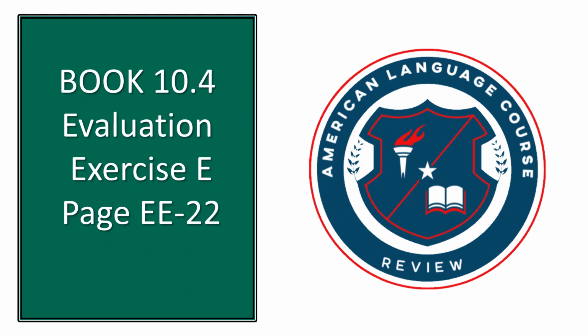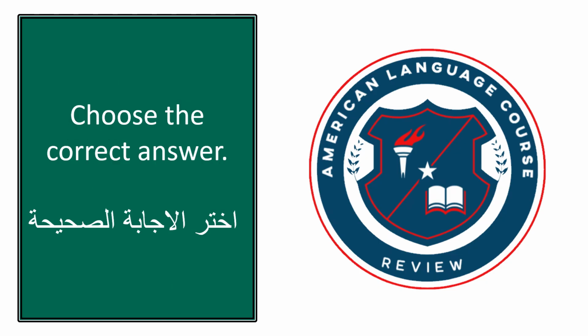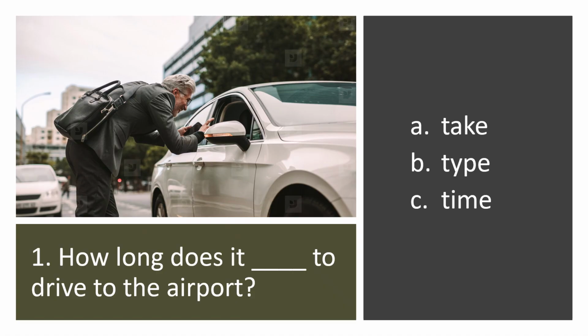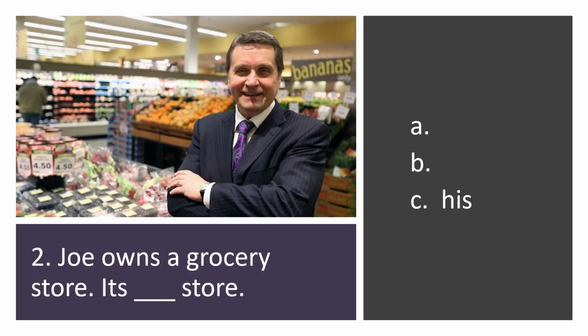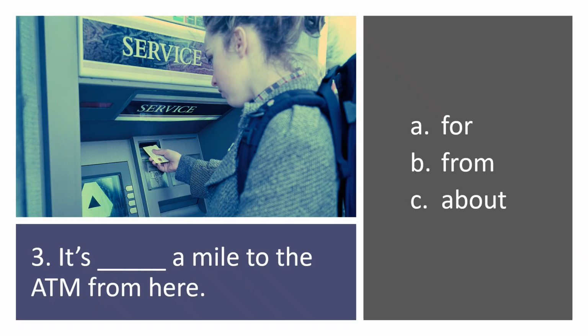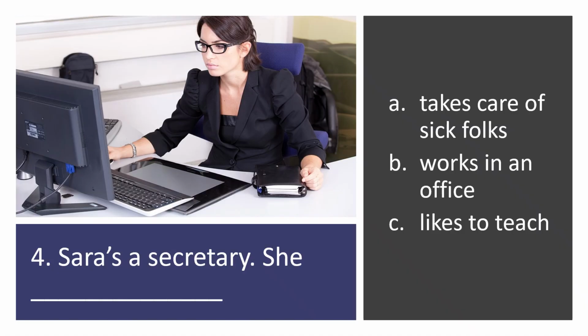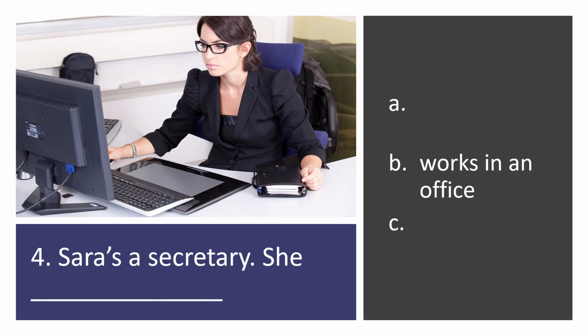Book 10, Lesson 4. Evaluation exercise echo. Page echo 22. Choose the correct answer. How long does it take to drive to the airport? Joe owns a grocery store. It's his store. It's about a mile to the ATM from here. Sarah's a secretary.